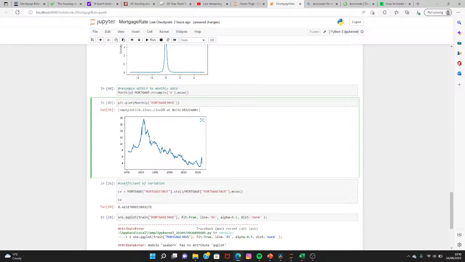It stayed for a full decade, a full 10 years. So if the mortgage rate goes up, it remained there for a long period of time, about 10 years. So that's what we see in the data. And when it goes down, it also stays for a decade. So that's what you see here.